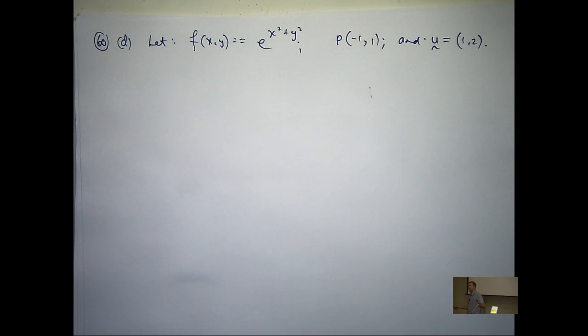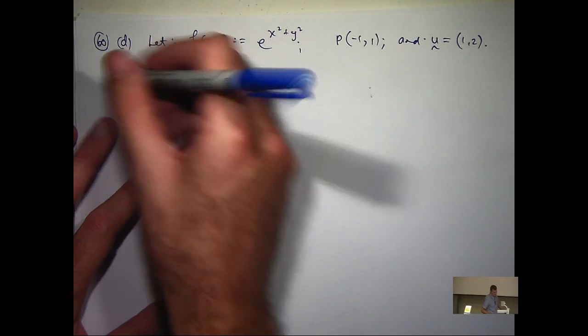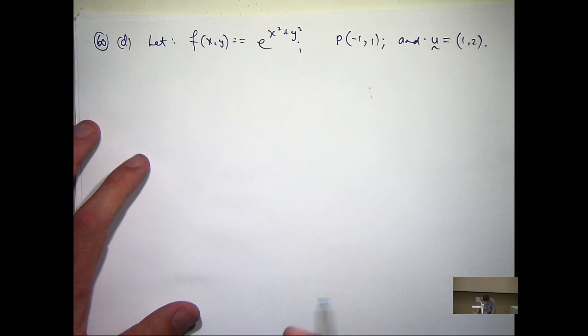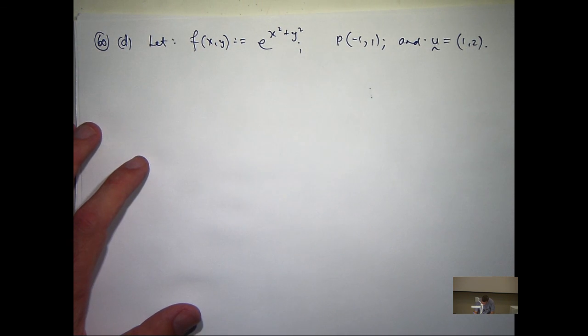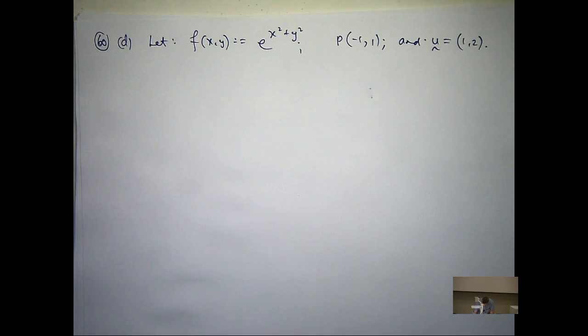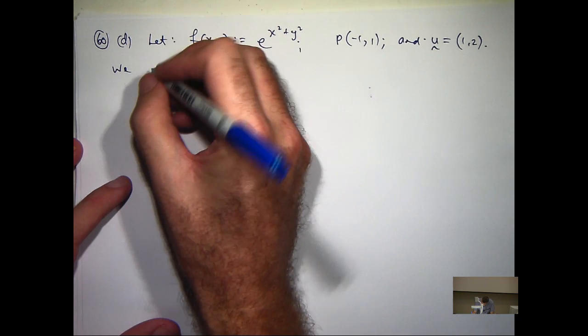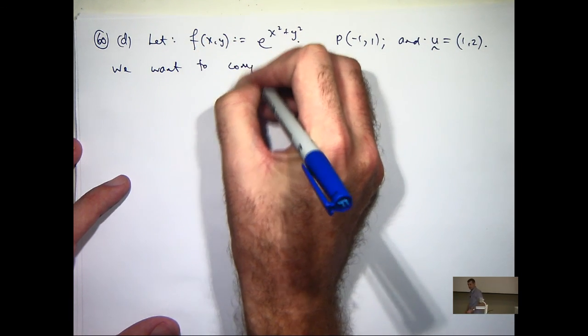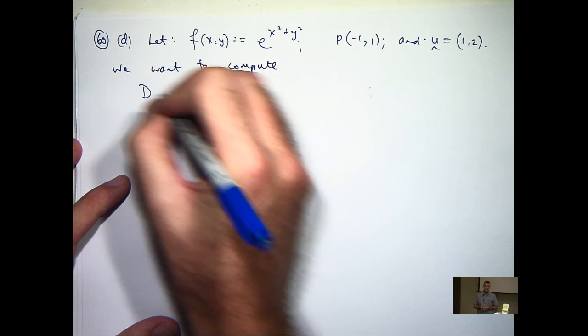So step us through it. Took the gradient of f, yes? Okay, so why did you take the gradient of f? Because we need it. Why? Yeah, that's all right.